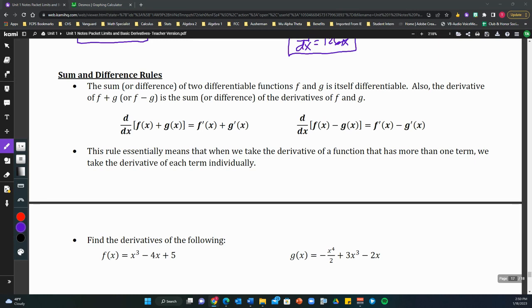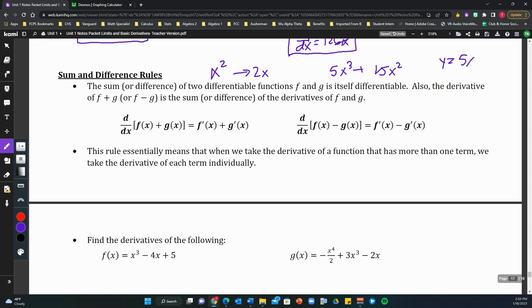So we take however many terms we have, and we're just going to isolate their derivatives. So if we know that the derivative of x squared results in 2x, and the derivative of 5x cubed results in 15x squared, well, if we take x squared and 5x cubed and combine them to make one function, y equals 5x cubed plus x squared, well, then the sum or difference rule is really just saying take the derivative of each individual term on their own.